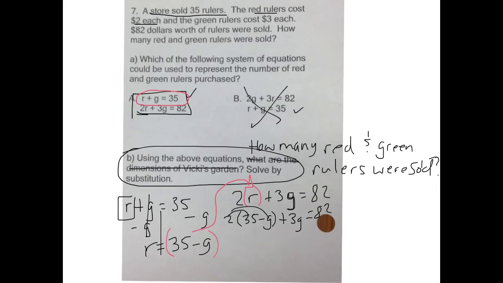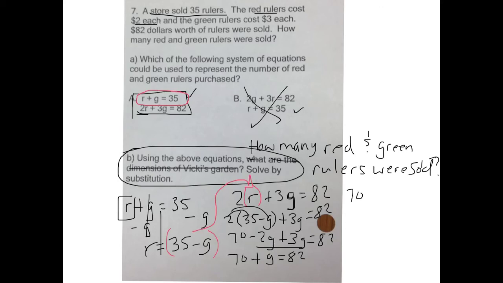Double rainbow. 2 times 35 is 70. 2 times a negative G is negative 2G, plus 3G equals 82. Combine the G's. So this is 70, negative 2G plus 3G, that's negative 2 plus 3, that's 1G equals 82.